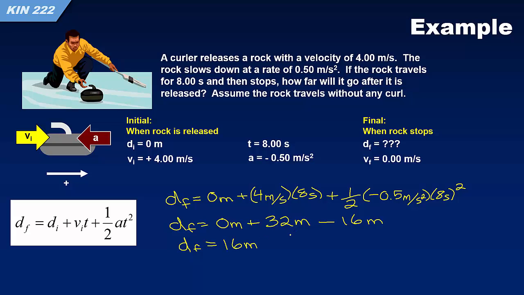You can see from this that if there was no acceleration in the negative direction, the curling stone would have traveled 32 meters in 8 seconds. But because of the acceleration in the opposite direction, it only travels 16 meters.